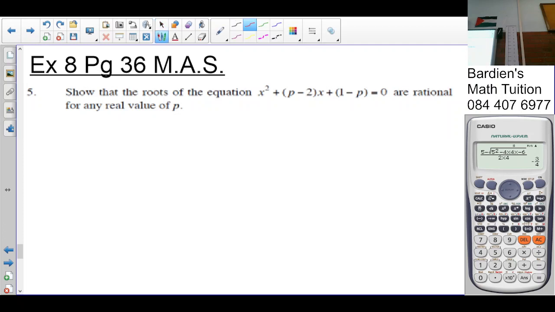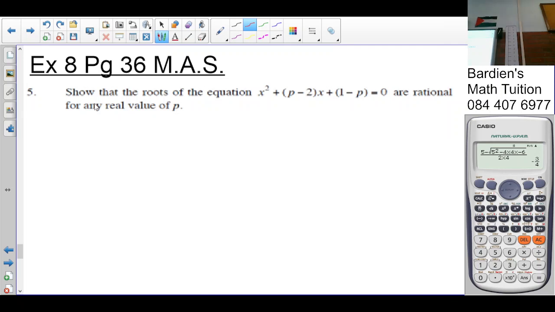In a show that question, we can't use the fact that the roots of the equation are rational. We must end off and conclude that it is rational.